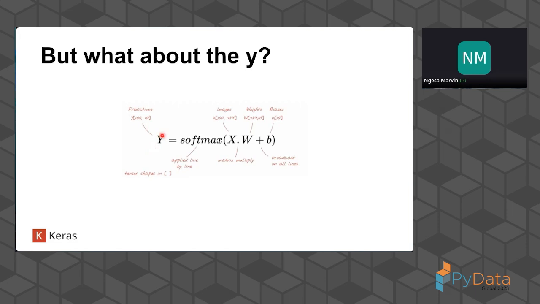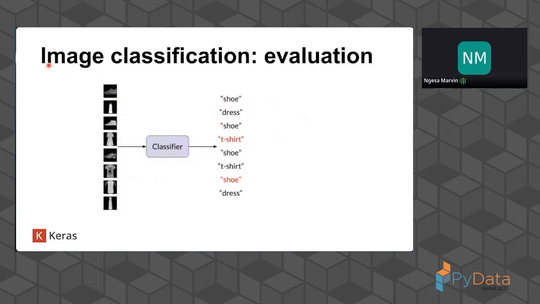So y could be the labels or the predictions we want to make. If you're doing image classification, you may have this data set that Keras or TensorFlow has. It's called the Fashion MNIST data set, and in that data set you have different types of clothing.